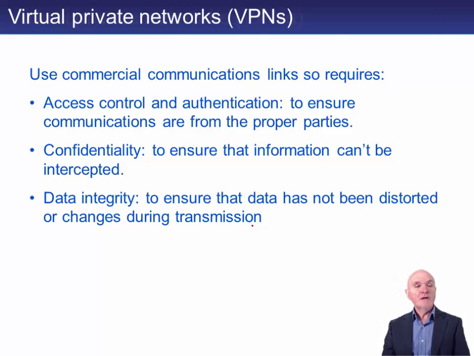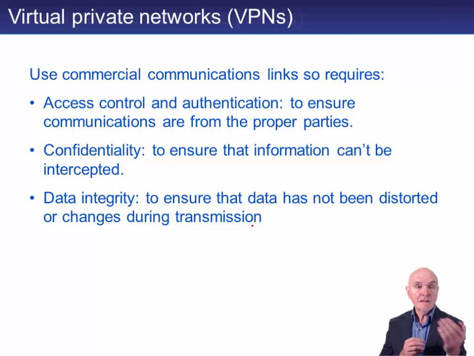If we're going to be doing virtual private networks, we need to know that the person dialing in is the right person. You need to have what's called access control and authentication, which could be passwords. You need to make sure that the information can't be intercepted over the telephone line. So you need this confidentiality, and quite often that is going to be done by some sort of encryption. You mix up the information before it's sent, and it's decrypted at the other end.